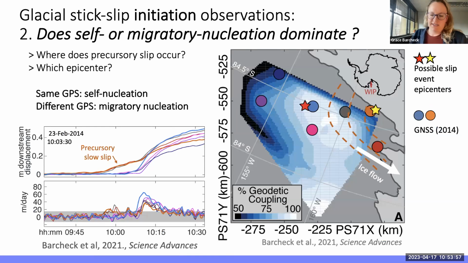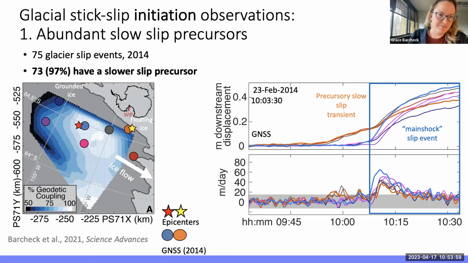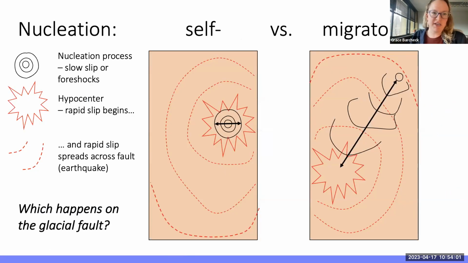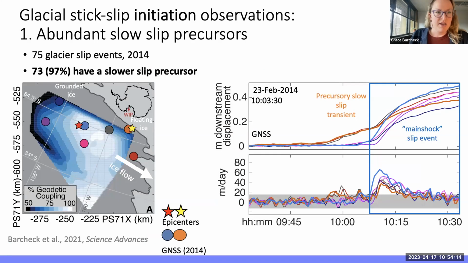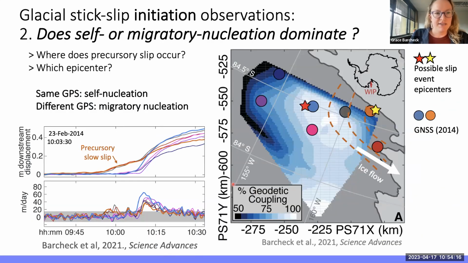So now if we go back to this idea of migratory versus self-nucleation, can we tell in this data set whether the precursory slow slip and the hypocenter are in the same place, or if they're in different parts of the glacier? And so to do that, we use the GNSS data, looks kind of like this, and we ask, okay, where does the precursory slow slip happen?